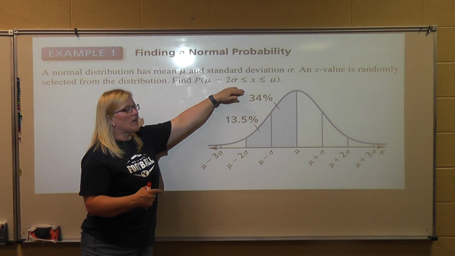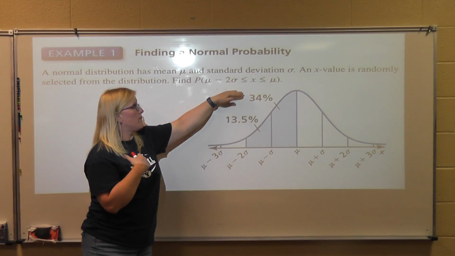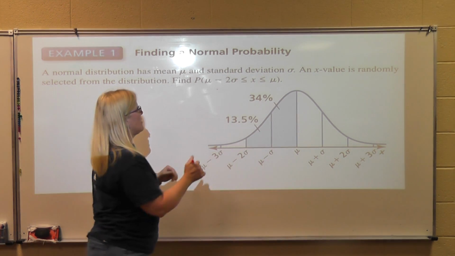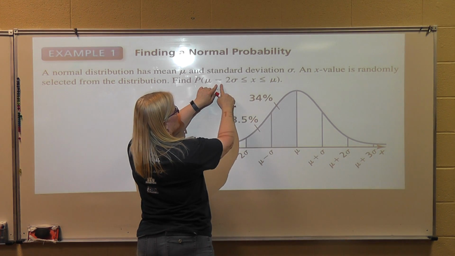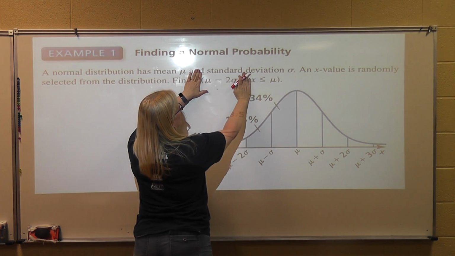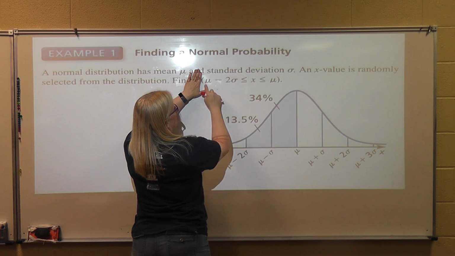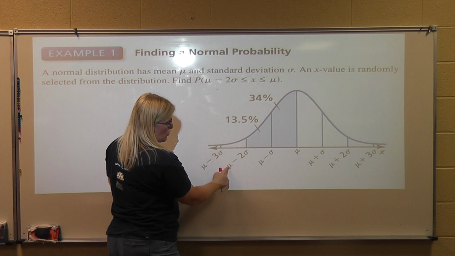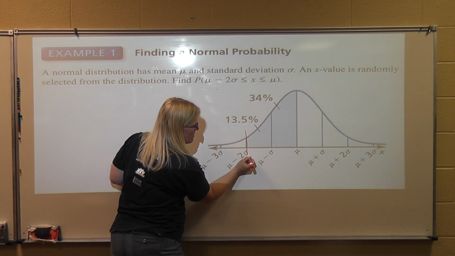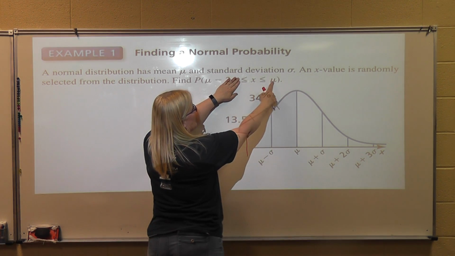And this is where you look at it and go, ugh, that looks horrible. But let's look at what this is. P is for probability, here's x. This is just telling you where x is falling between. So if I look at just this part, this is mu minus 2 sigma. So I come down here, mu minus 2 sigma is right here.